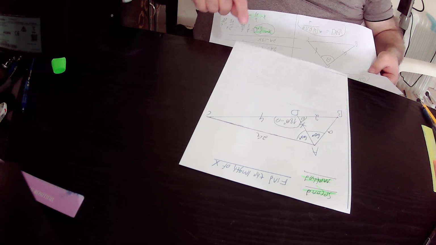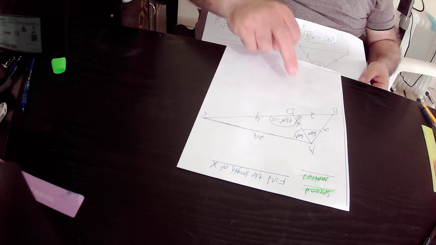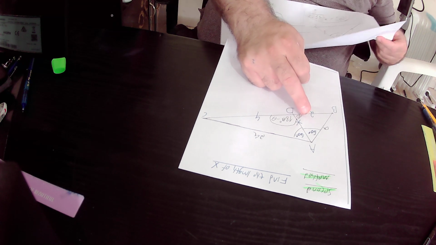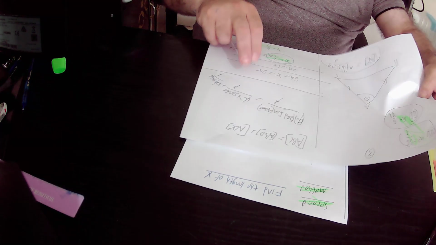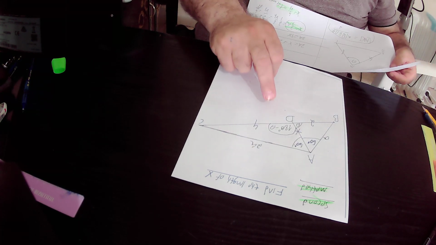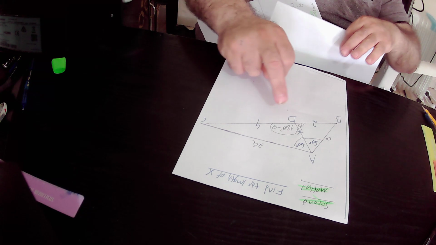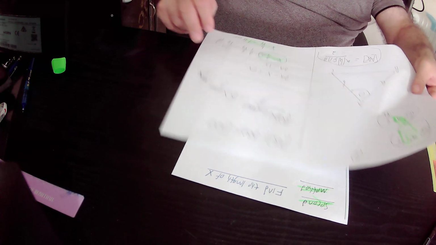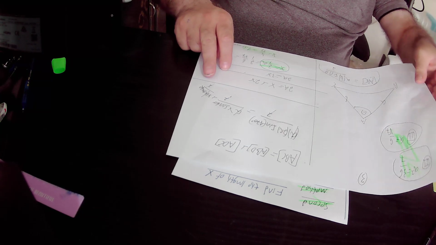The area of triangle ABD equals A times X times sine 60 degrees over 2. And the area of triangle ADC equals X times 2A times sine 60 degrees over 2.